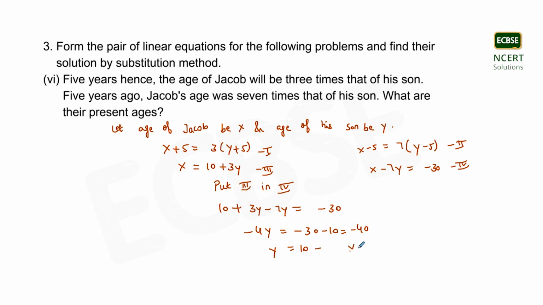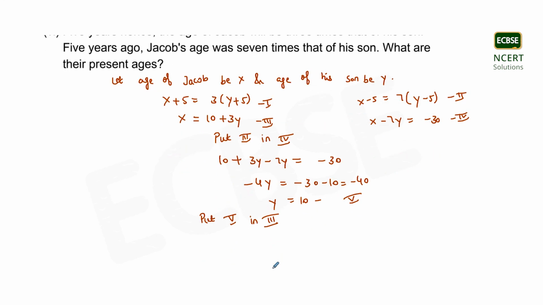Now substitute this value of y in the third linear equation in order to get the value of x. So here x will be equal to 10 plus 3 into 10, which is equal to 10 plus 30. Means x is equal to 40.